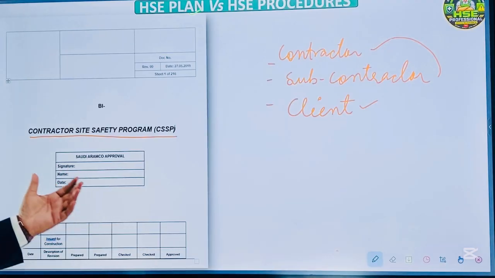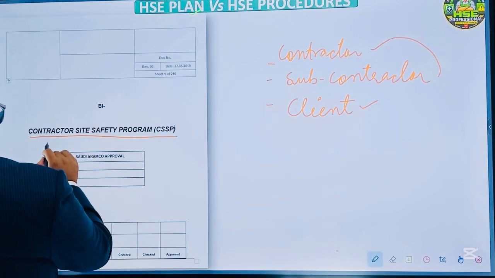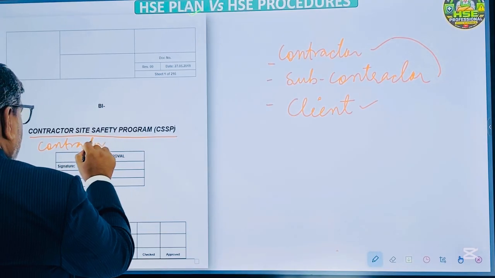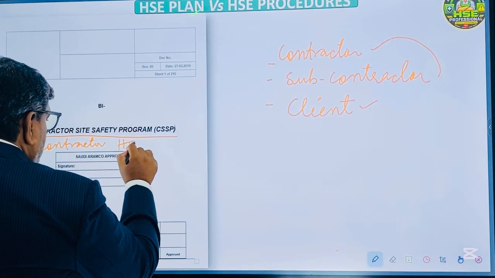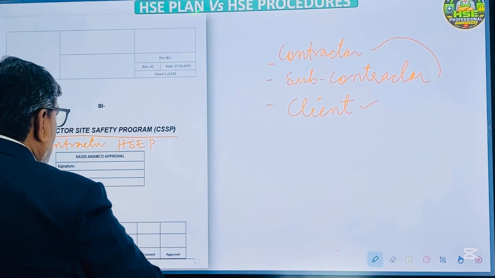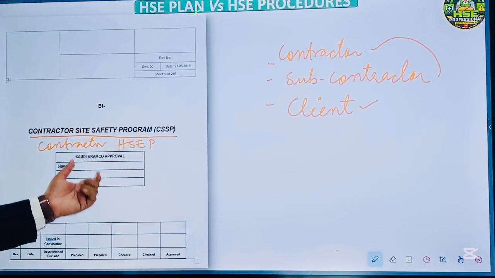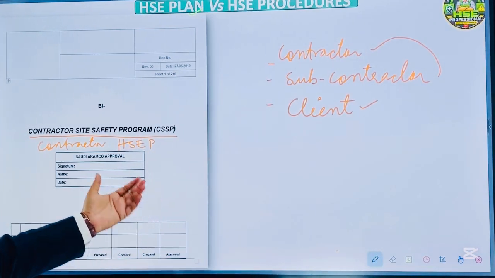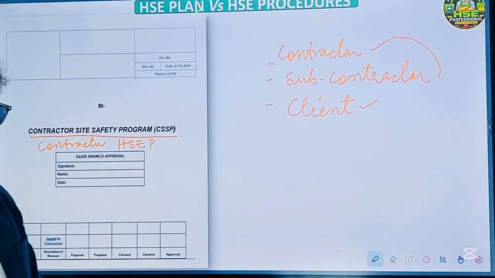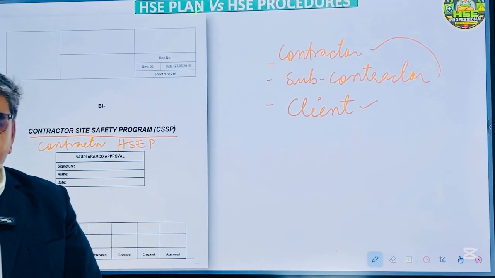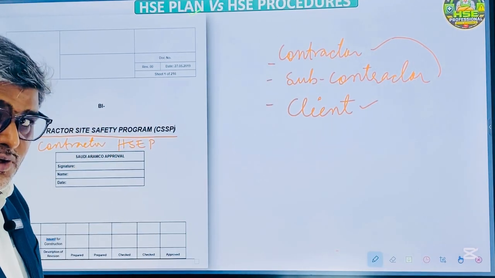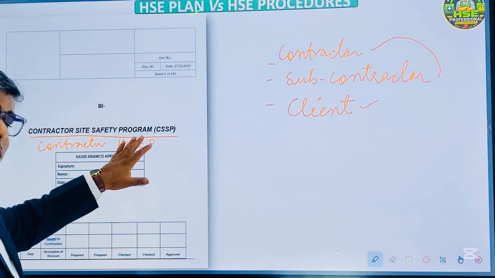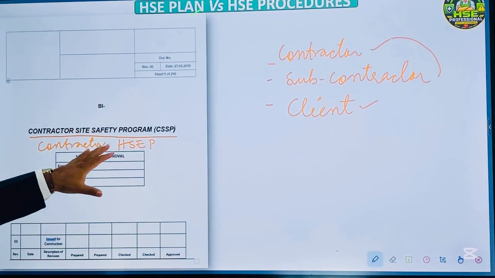In other cases we also say contractor HSC plan, contractor health safety and environment plan. So either it can be CSSP in Saudi Aramco, or in non-Aramco projects like SABIC, ADNOC, Qatar Energy, British Petroleum. In all these organizations we can give the special title like HSC plan.